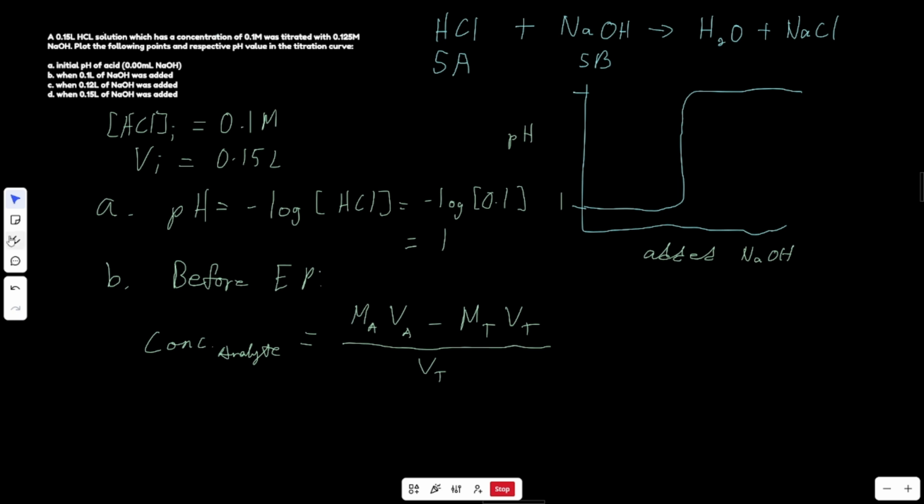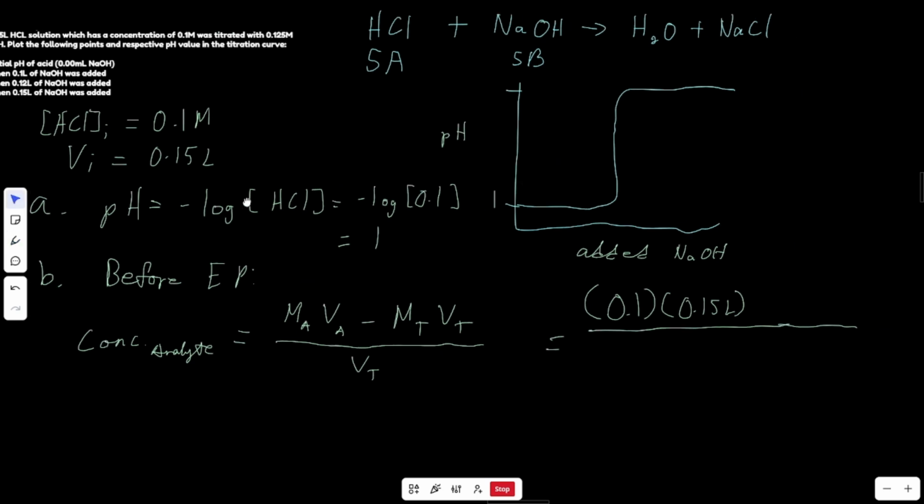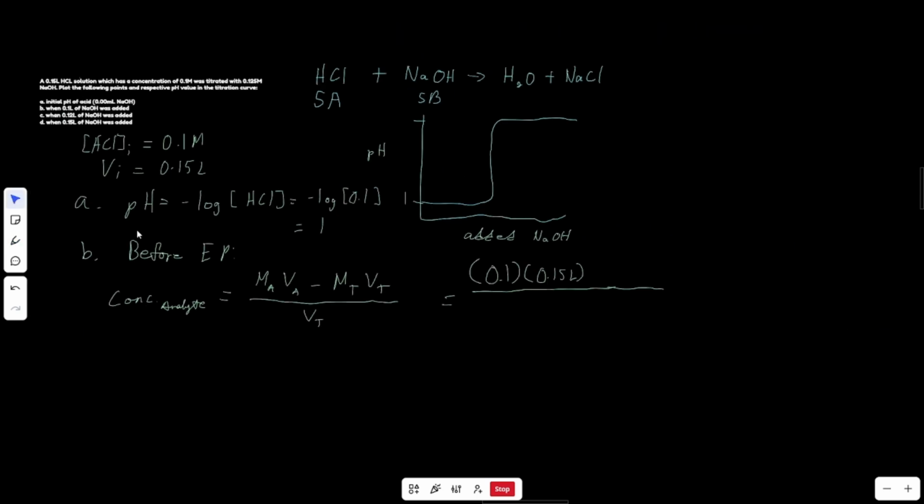So now we're going to substitute, right? Let's do it here on this side. We're going to have our molarity, which is 0.1 times 0.15 liters. This is for our analyte. I'm going to move to the right. And then we're going to have minus our 0.125 molar.